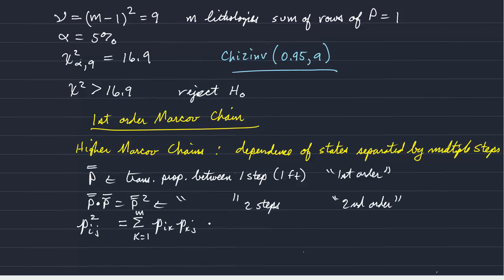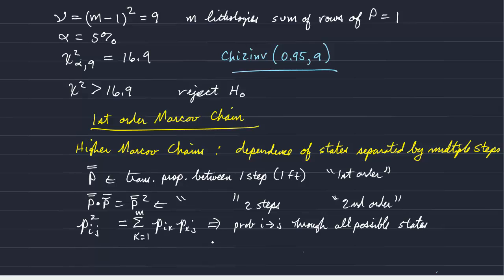Or in other words, it's the probability of transition from i to j through all possible other states.